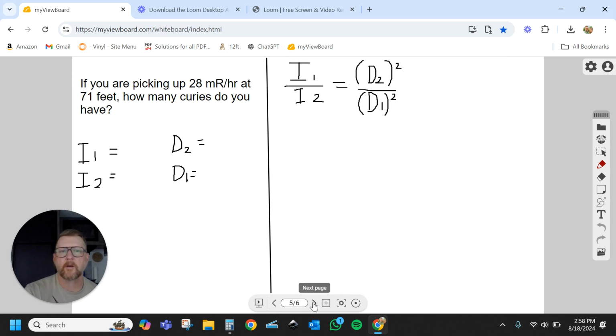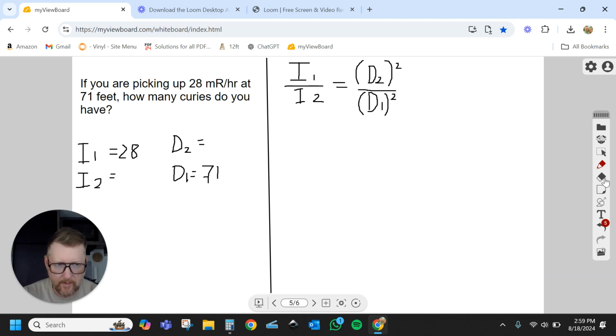And I got one more. We're picking up 28 MR at 71 feet. How many Curies do you have? Okay, we know we have 28 MR at 71 feet. How many Curies do we have? So the problem is I can't figure out my Curies if I set it up this way, because my Curies are going to be intensity 1.